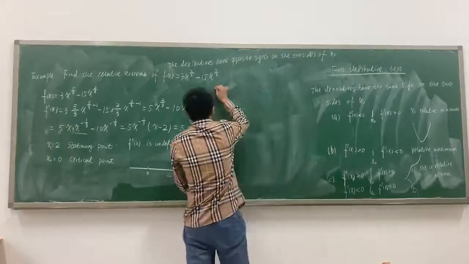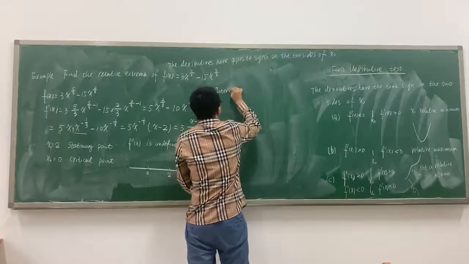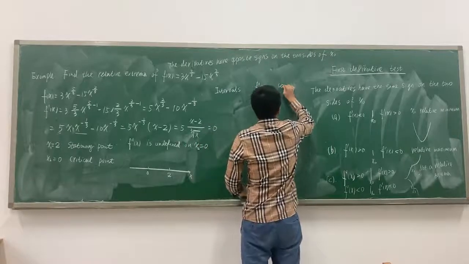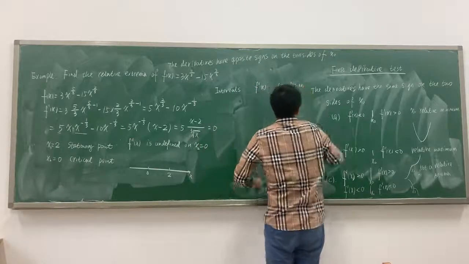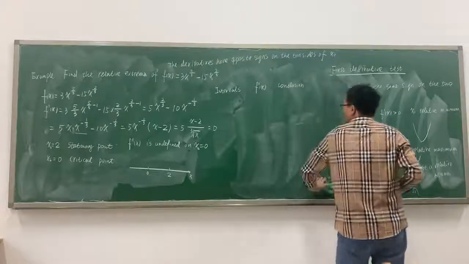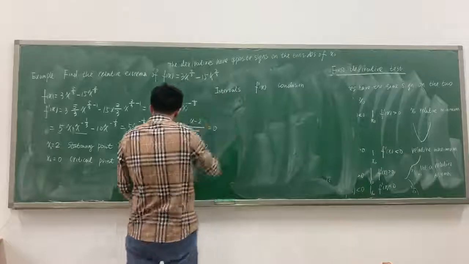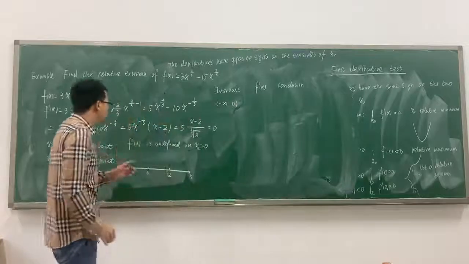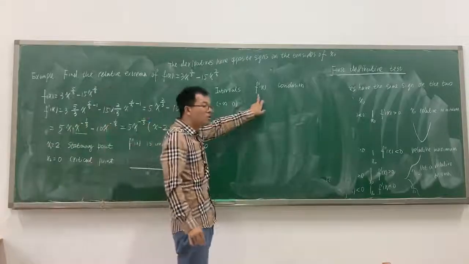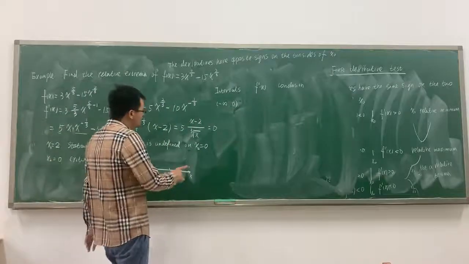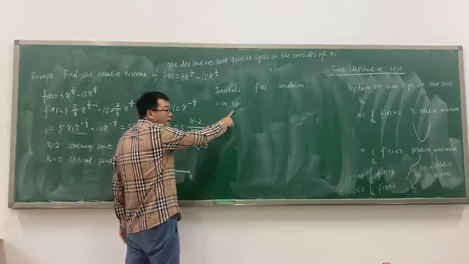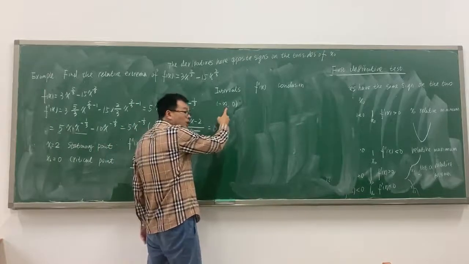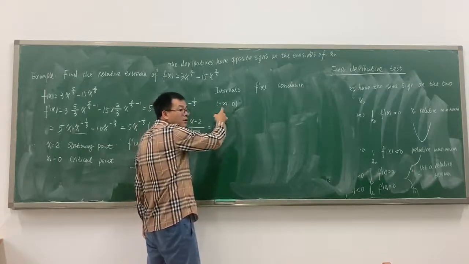Now let's look at the intervals and the sign of f prime. The first interval is minus infinity to 0. In this interval, is f prime positive or negative? We choose a special value in this interval, for example minus 1.